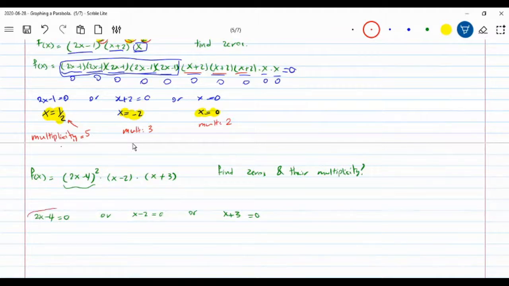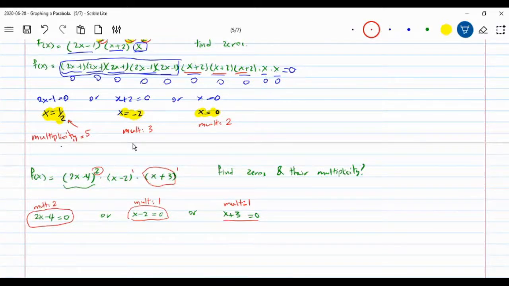Whatever the solution to this equation is, it should have multiplicity 2 because of this exponent. Whatever the solution to this equation is, it should have multiplicity 1. And whatever the solution to the other equation, x plus 3, is, it should have multiplicity 1, because the exponents here are 1.